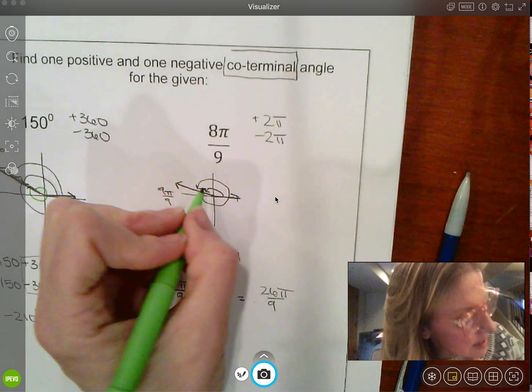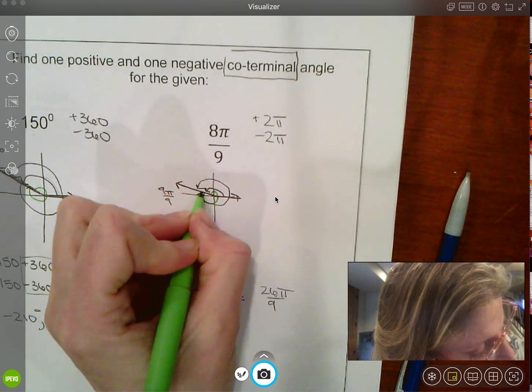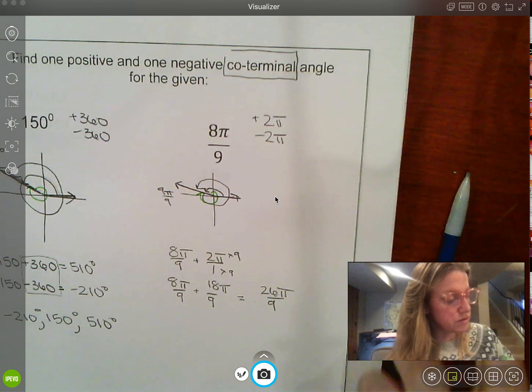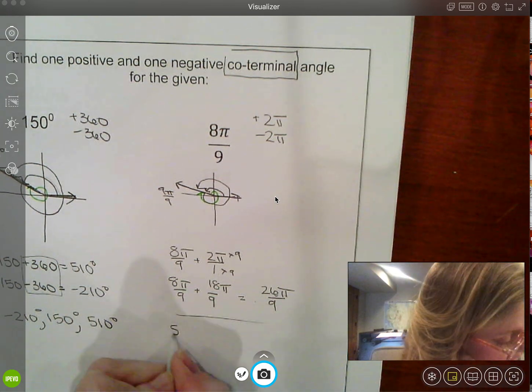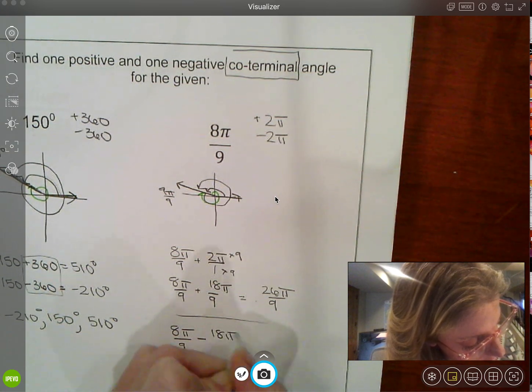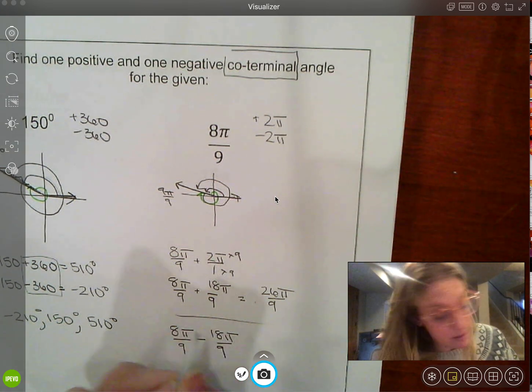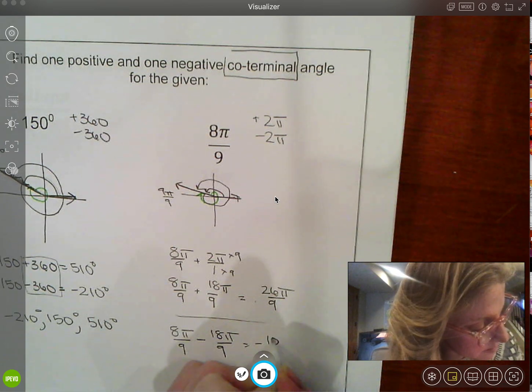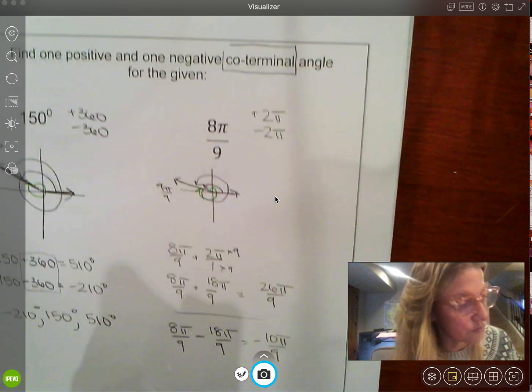And let's try then going the back way around, backwards, a full rotation. So we will do 8 pi over 9, subtract 2 pi, or subtract 18 pi over 9, and that would get us to negative 10 pi over 9.